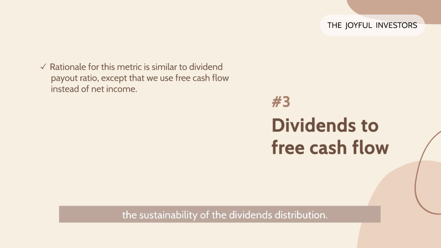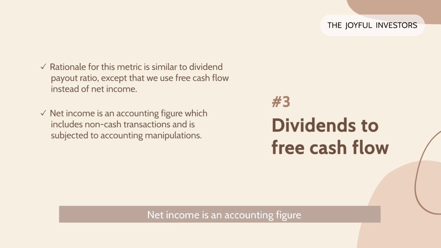Net income is an accounting figure, which means that there are some items that are non-cash, but they are part of deriving the net income figure for a company. To explain in slightly more layman's terms, it means that certain transactions of recording revenue or of recording the expenses do not involve the inflow or the outflow of cash.